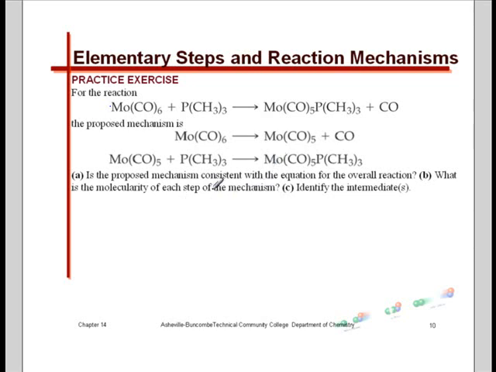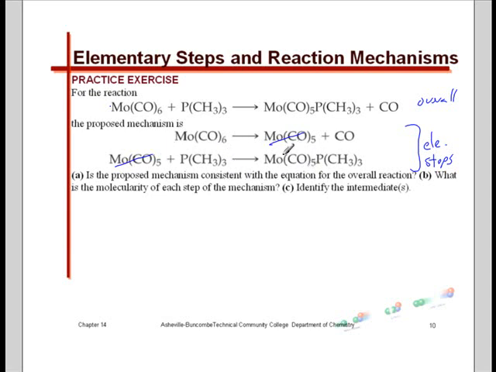Well, first off, is the proposed mechanism consistent with the overall reaction? And these are elementary steps. What you do is you want to add up the two elementary steps, or however many you have, and see what you have. So any intermediates are removed, and I think there's no other intermediate.